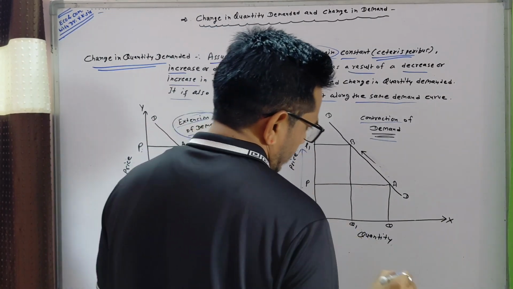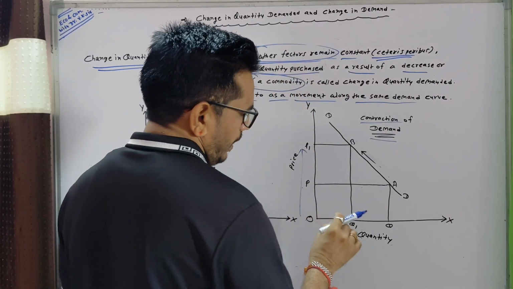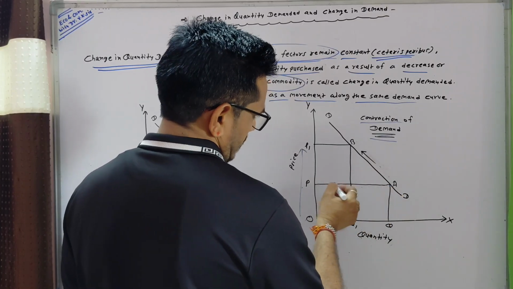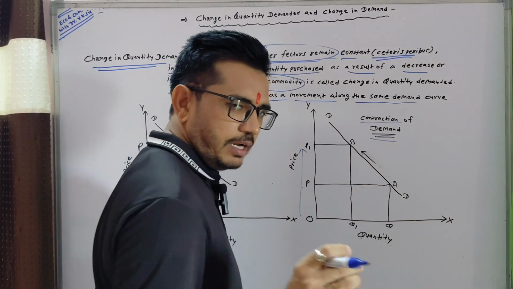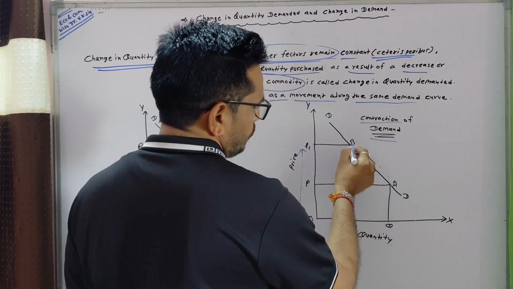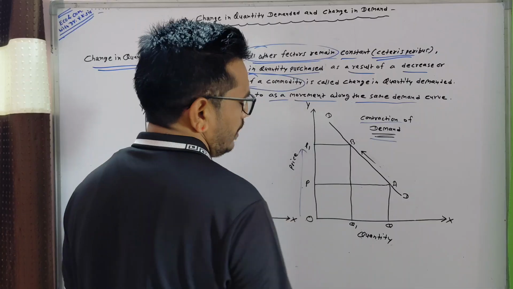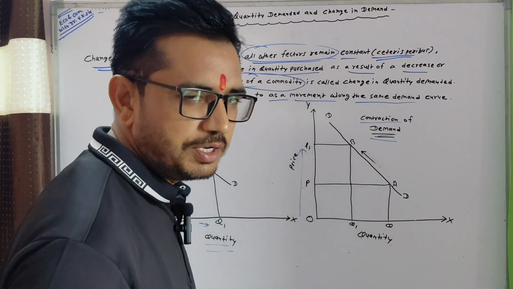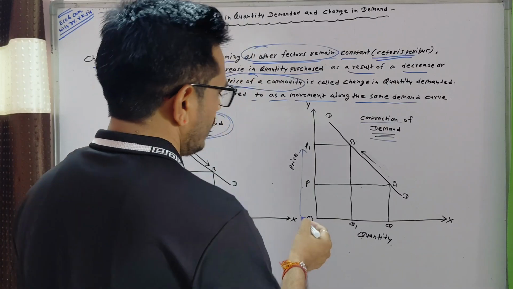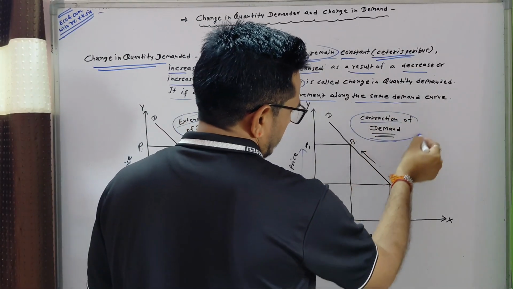And what happens to the quantity demanded? It decreases. The movement from A to B is a decrease when the price of a commodity goes up. So we can say that is contraction of demand.